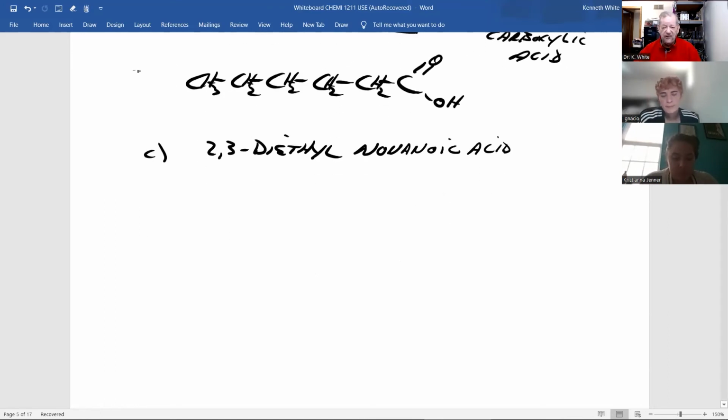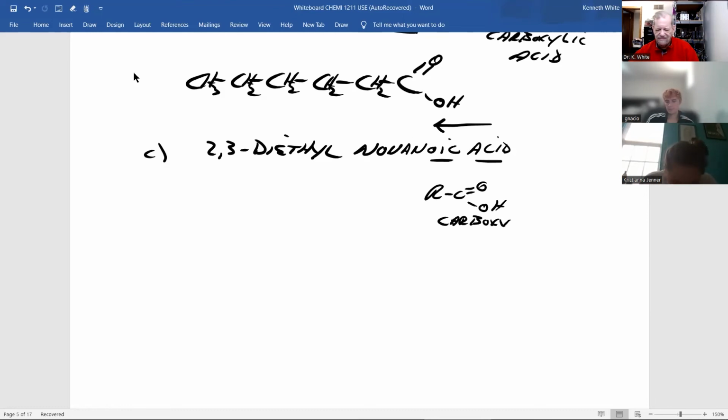And how do we decode this to know what to draw? You start from the right, move left. OIC and the word acid tells you have a carboxylic acid. And if this were an E instead of OIC, that's nonane, so that's 9 carbons.